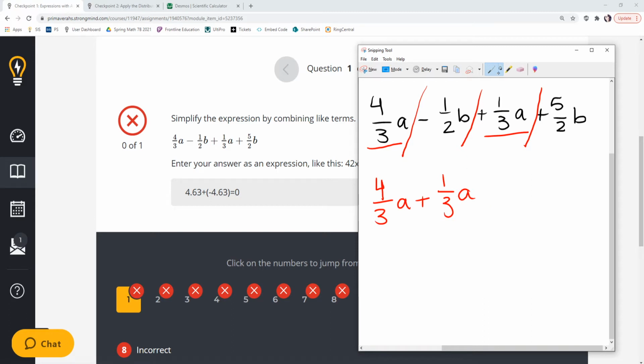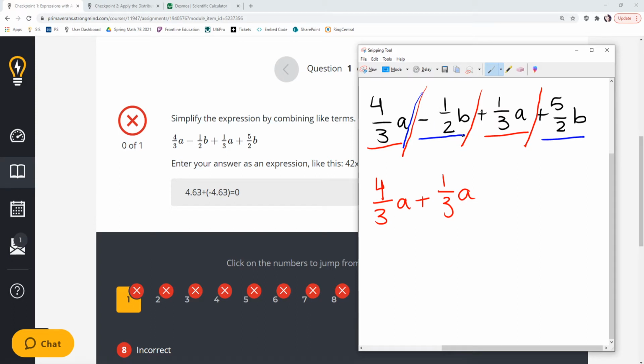Okay, now let's look at our next variables. So I have B's next, right? I have a 1/2 B and I have a 5 over 2B. Now this is why I like drawing these lines in between, I think they're helpful. If I notice, there's a subtraction sign attached to this term, right?